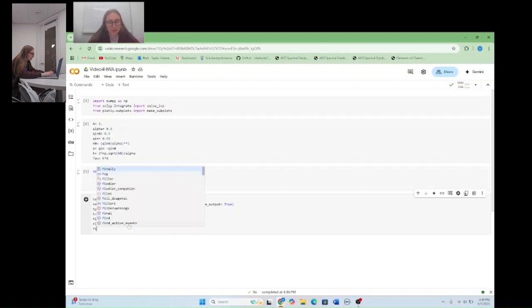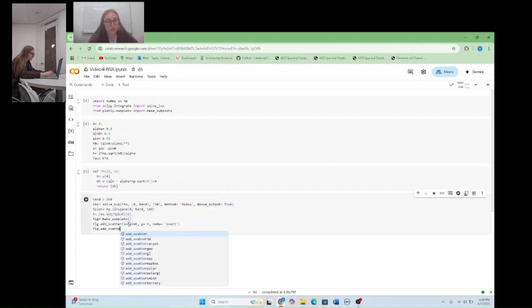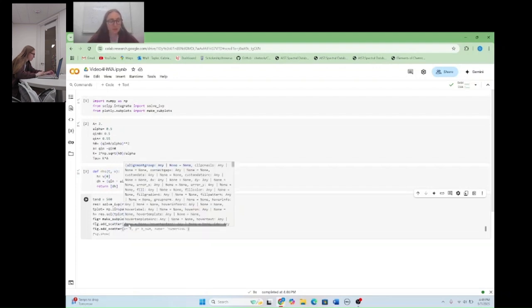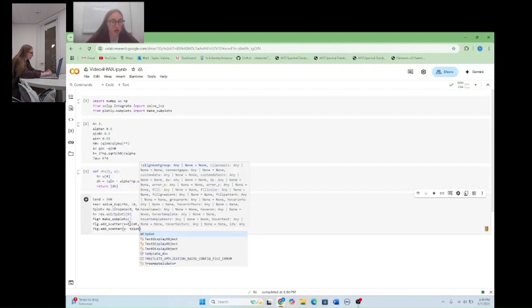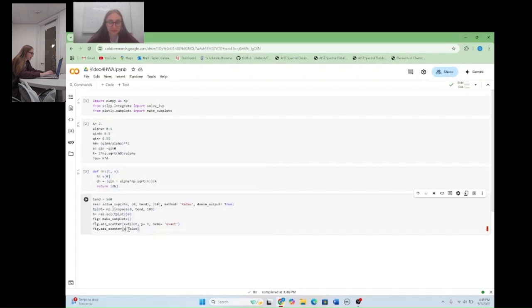Then let's add another one. So fig.add_scatter, and this plot is going to be our inverse Laplace transform.